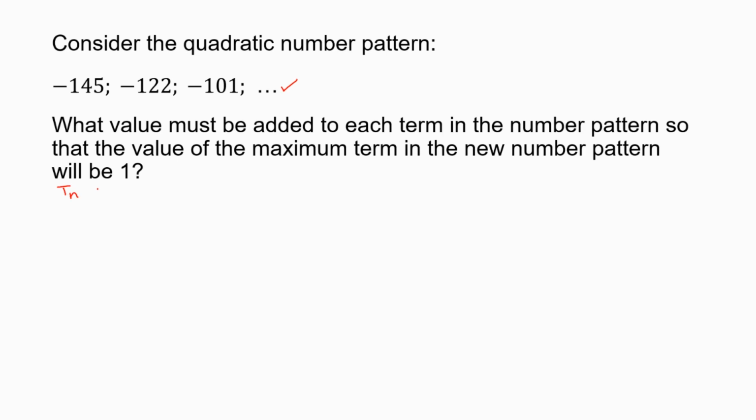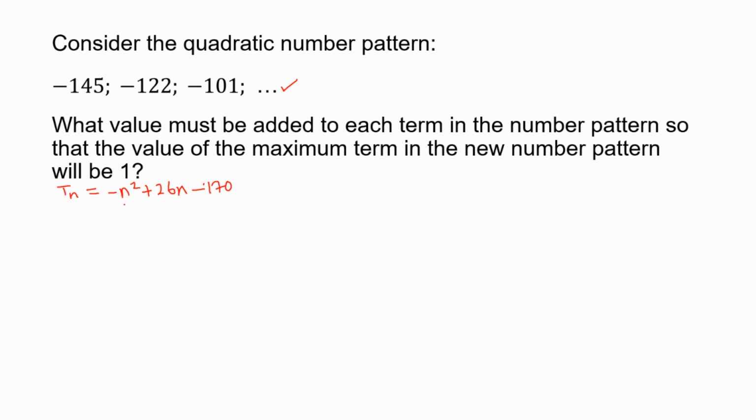Let me write the general term that we got in question 3.2. So Tn is equal to negative n squared plus 26n minus 170.